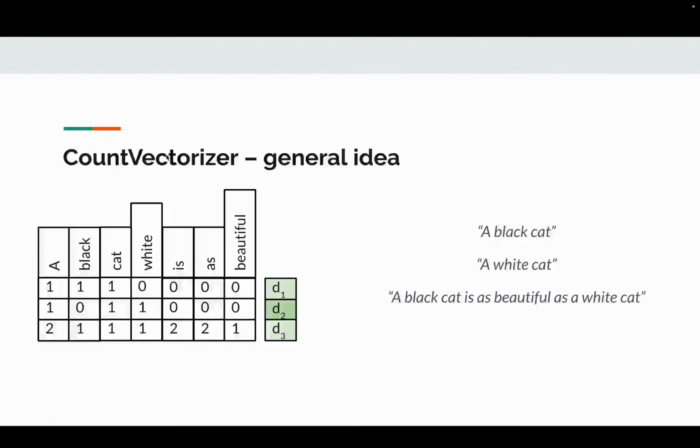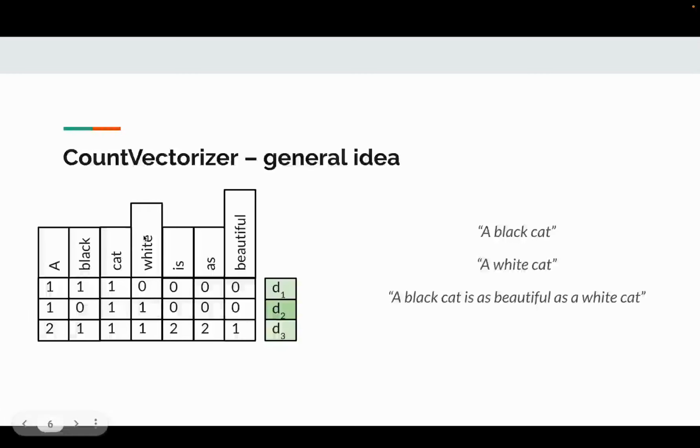So the general idea of count vectorizer is how many occurrences of each token you have in a document. For example, the first document had just one a, one black, and one cat, and the rest are zeros. The third document has a two times, as two times, and the rest are one time. So the count vectorizer encodes the number of occurrences of each word or token in the document.